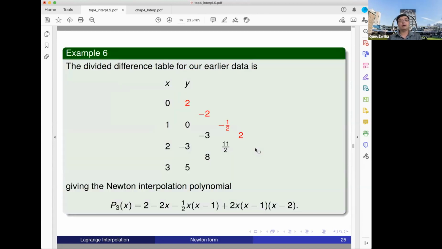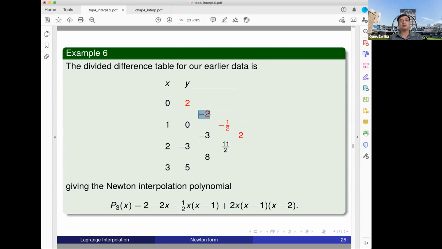So now we do an example. Suppose you have, the very first example, x equals 0, 1, 2, and 3. And then you have y equal 2, 0, minus 3, and then 5. So how do I get the number minus 2 here? Well, I just take 0 minus 2 over 1 minus 0.